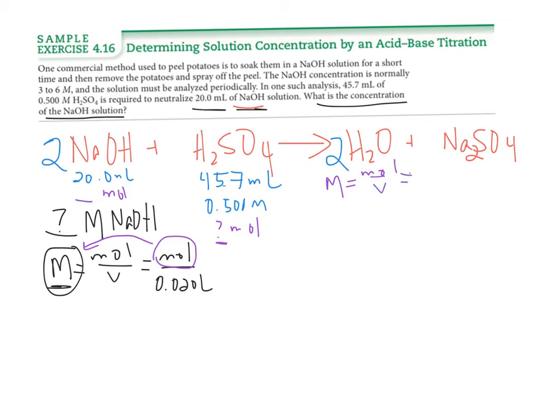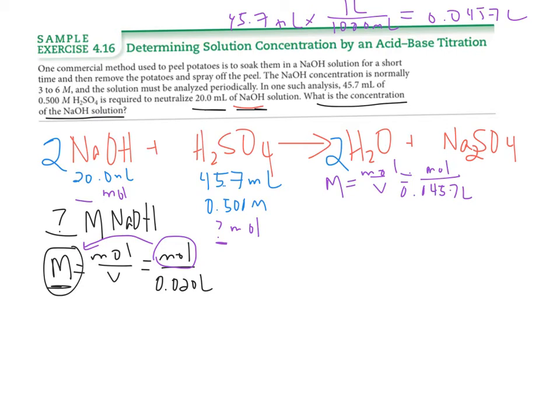So molarity equals, I don't know moles, but I'm given volume, 0.0457 liters, because this is 45.7 milliliters. 45.7 milliliters, hoping you're getting adept at these conversions, multiply by 1 liter over 1,000 milliliters, and that equals 0.0457 liters. That's my volume.